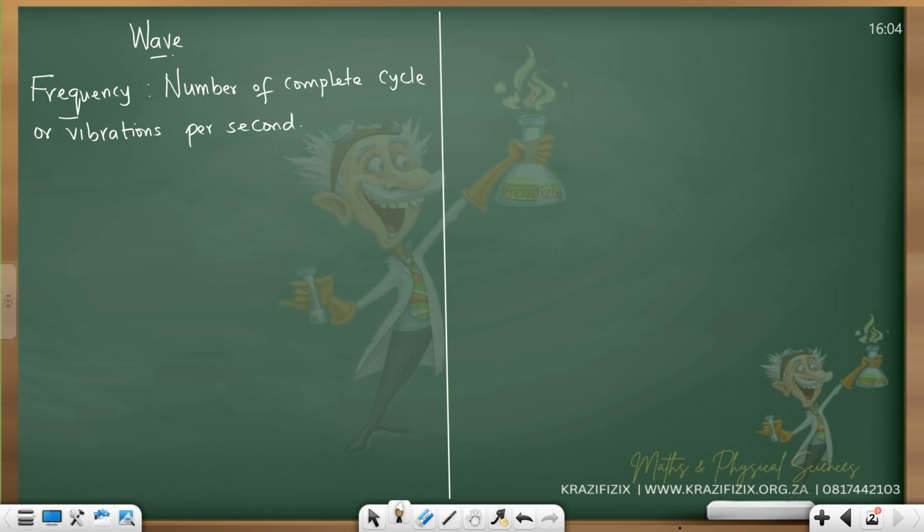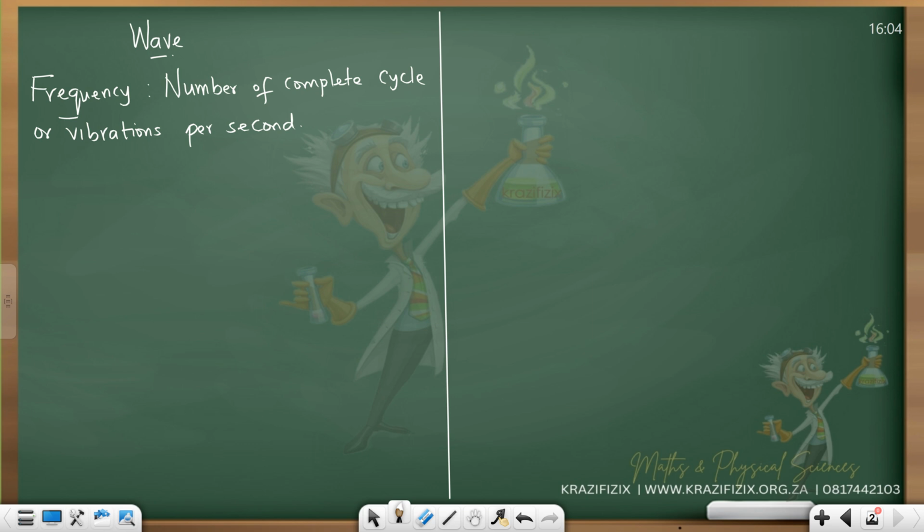Every time we talk about frequency, please think of a number. This is very, very key. I like to rebuild some foundation, which is very, very important.